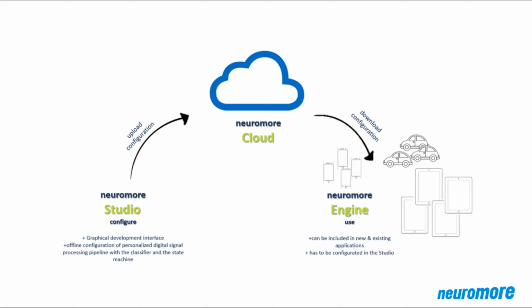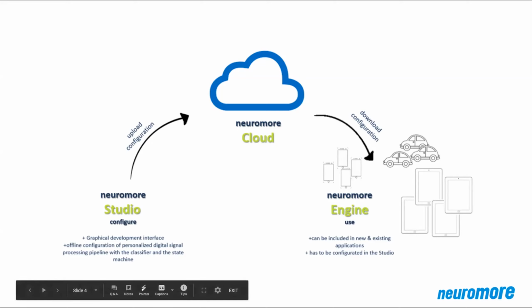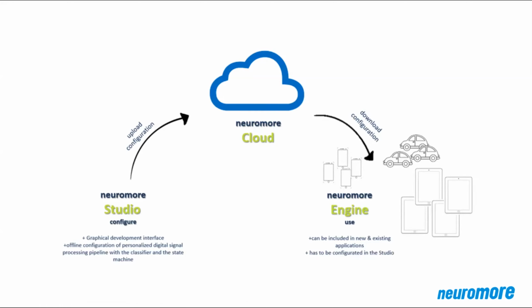So the engine can be seen as a Spotify player or Netflix player that enables billions of people to consume the experiences and applications that have been created in the neuromore studio. And despite being a graphical development interface, neuromore studio is also a research tool that can be used purely to conduct research.